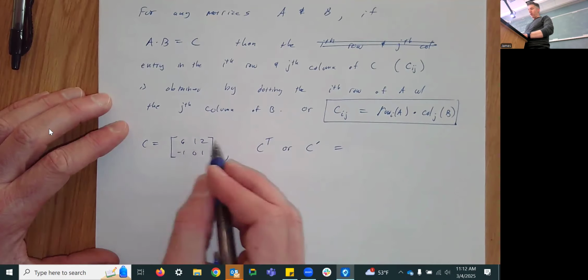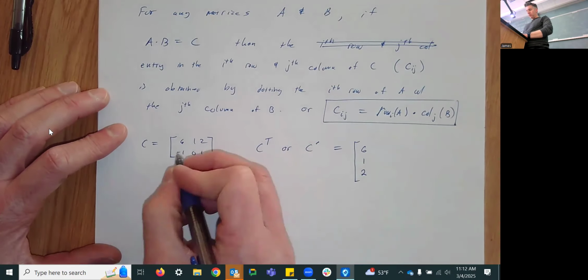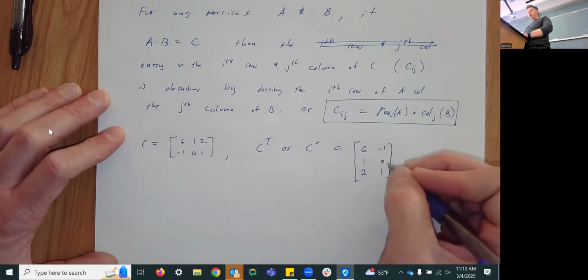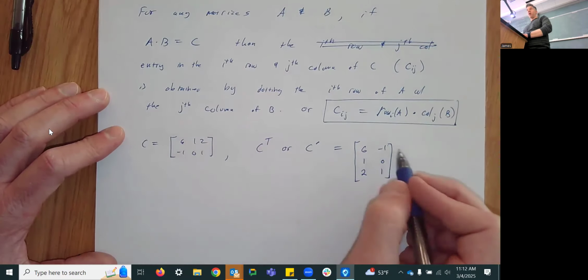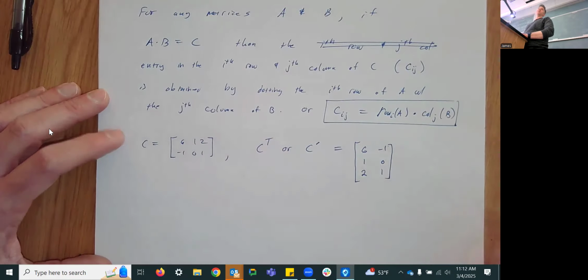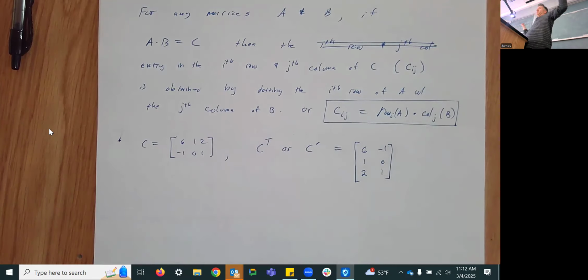The first row you now write as the first column, the second row as the second column. Or if you prefer, your first column is now your first row, your second column is your second row, your third column is your third row. Rows become columns, columns become rows. That's the transpose. There you go.